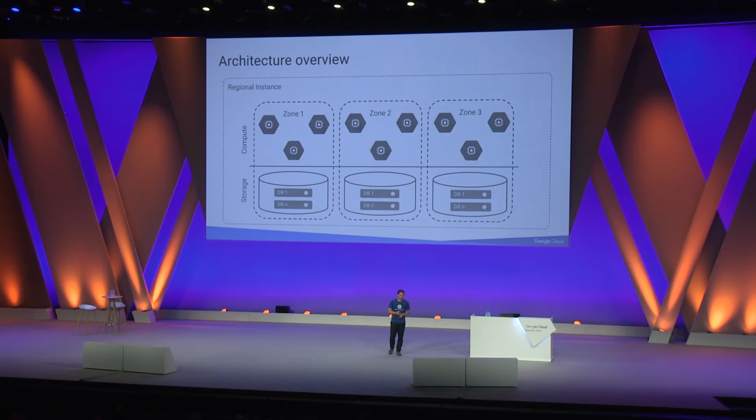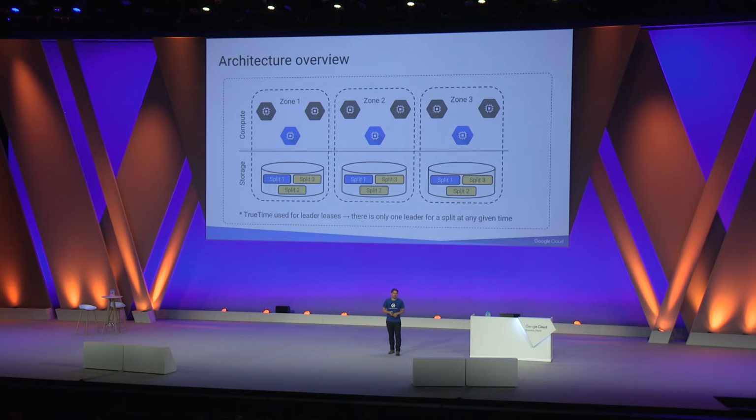Now, how does that look? If you look at an instance view of a Spanner instance, you have in a regional instance a distribution over 3 zones. We have our compute on the top, as you can see. One Spanner node means you have one compute node in each zone for a regional instance. So for regional, that means you have 3 compute nodes in 3 zones.